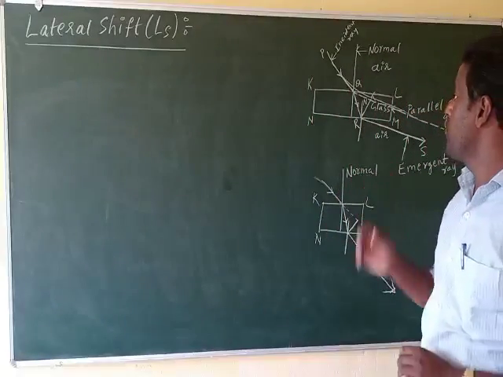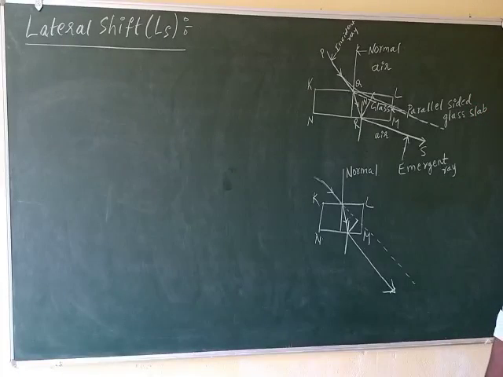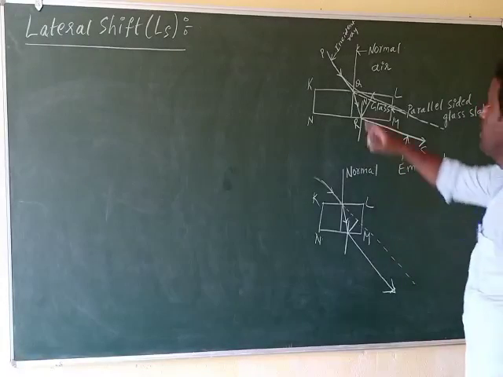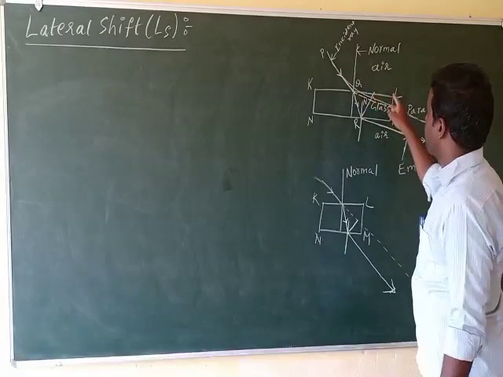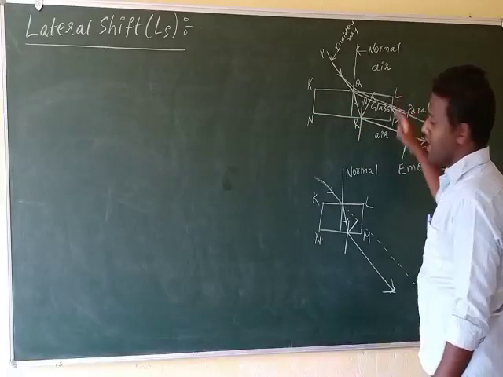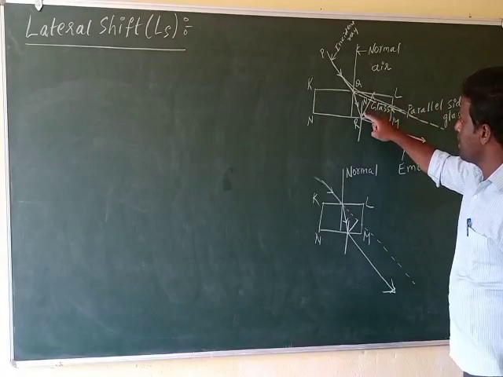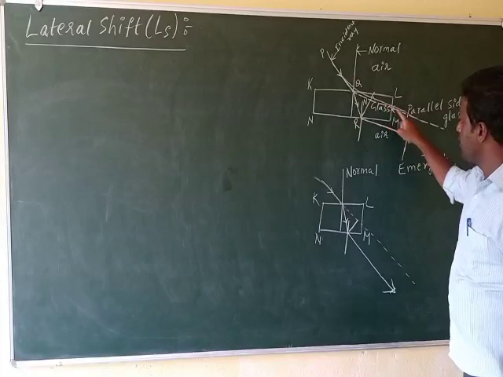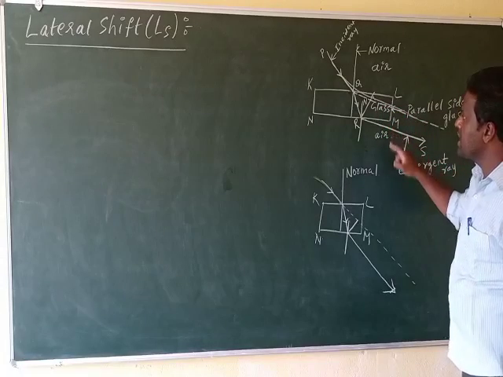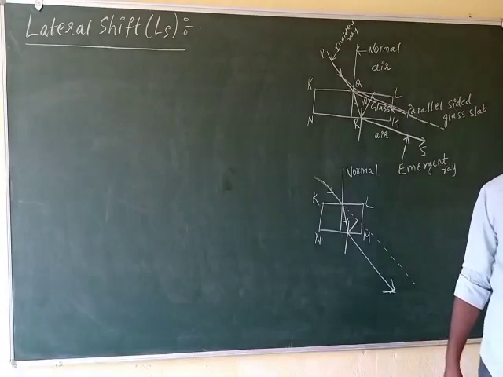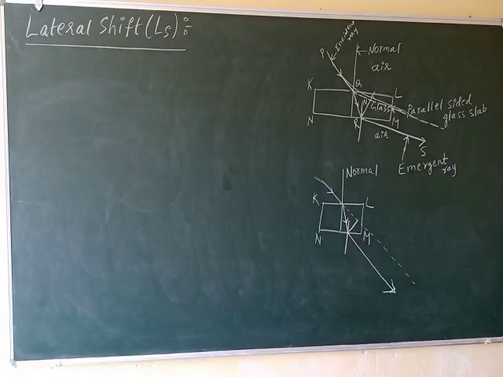So how to define the term lateral shift? When a ray of light travels through a parallel sided glass slab, the perpendicular distance obtained between the direction of incident ray and the emergent ray is called lateral shift.